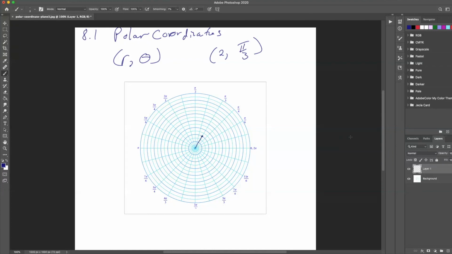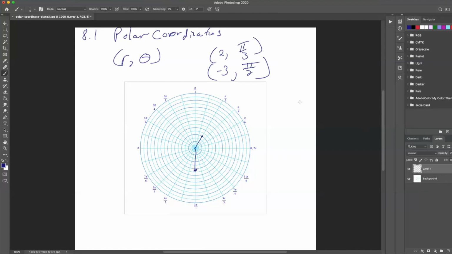Here we allow r to be negative, so I can do -3 and then pi over 2. So for -3, pi over 2, I go to pi over 2, but instead of going up, I go down, 1, 2, 3 units this way.